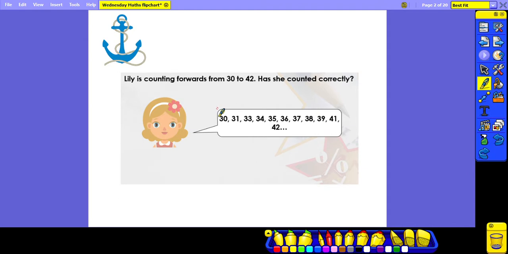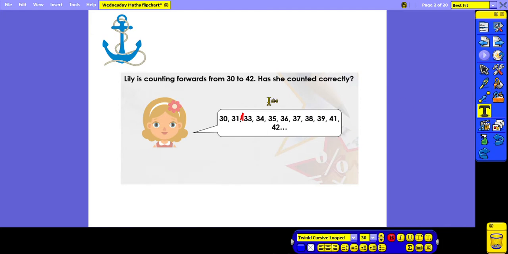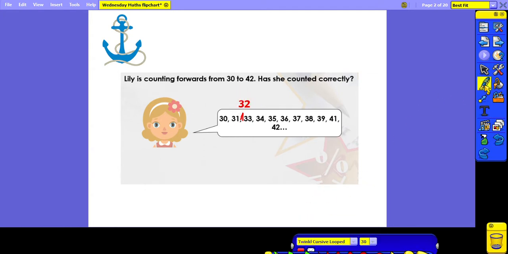So let's go through it then. 30, 31, 32. She has missed out here, so that's one mistake. And then if we carry on counting, let's see if she's made any others.